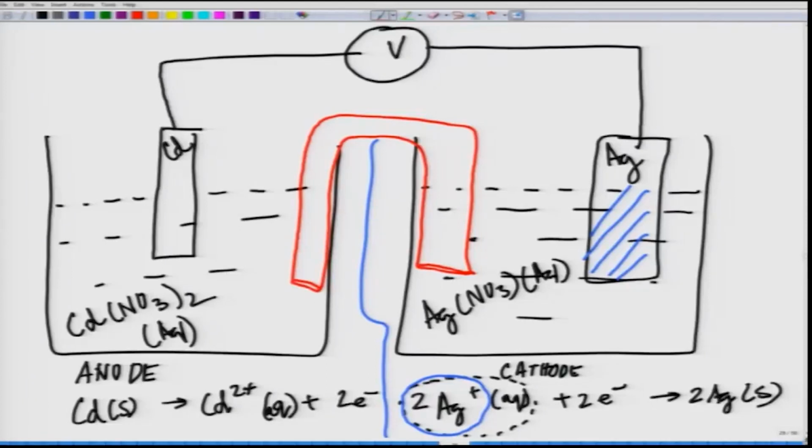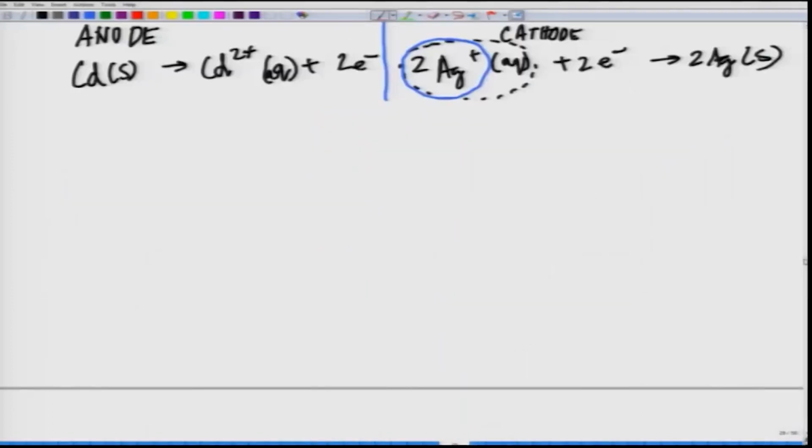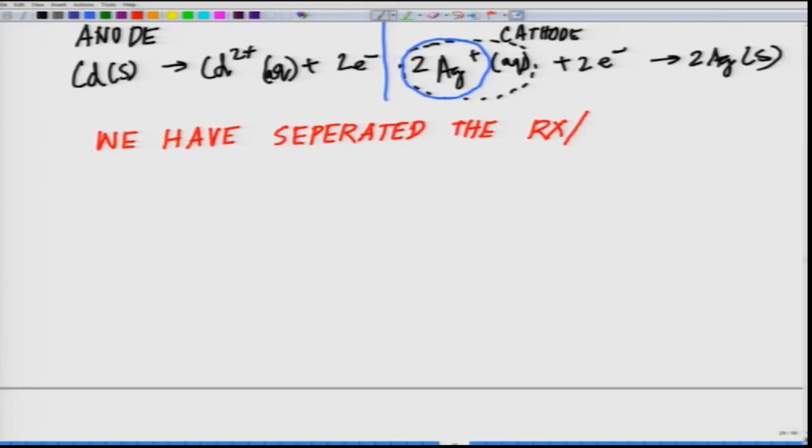Before I get into it, we can separate the reactants into two half cells.